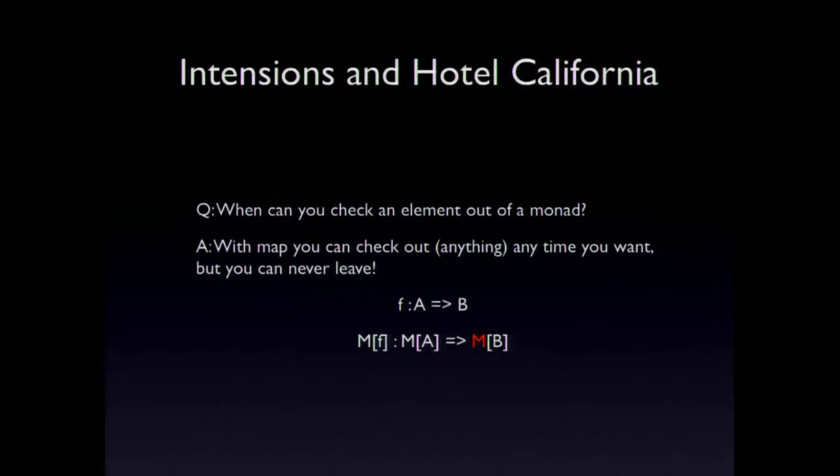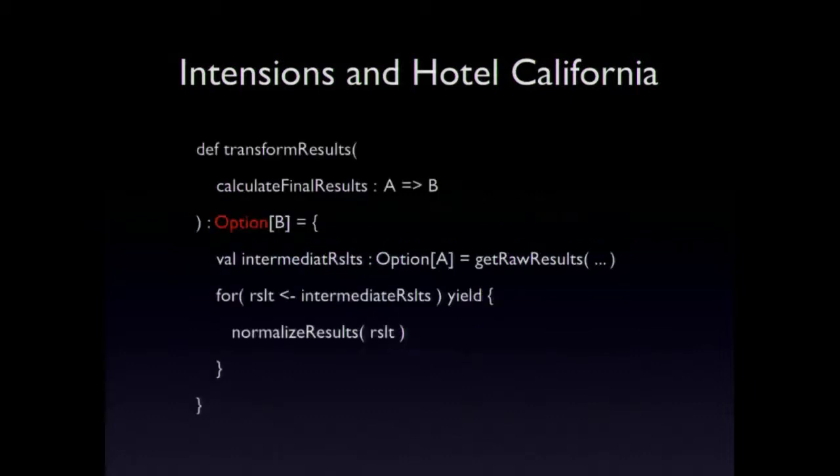I know I was confused by this, because there's an interesting capability even within the monadic interface. So when can you check an element out of a monad? Well, you can check out anything anytime you want using map, but you can't ever leave. So monads are really like Hotel California. And to kind of get this, here's a little bit of Scala code. We could have written F# code or whatever. I use Scala because, whatever.